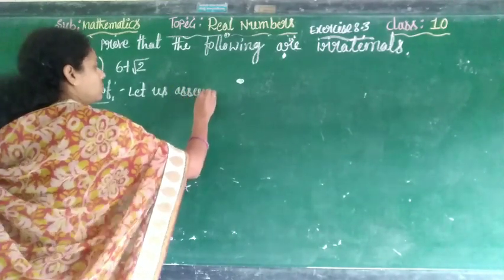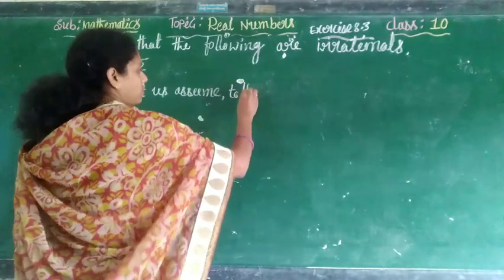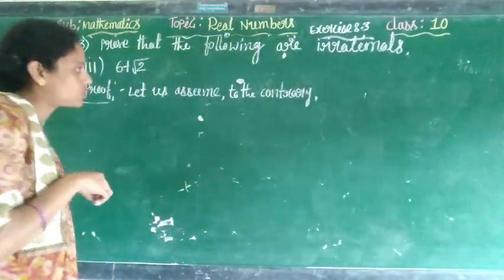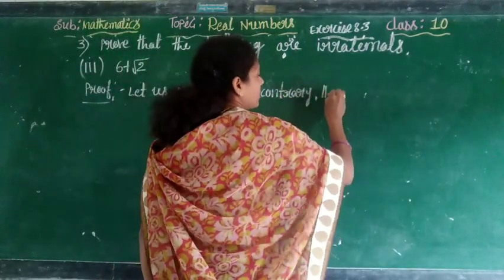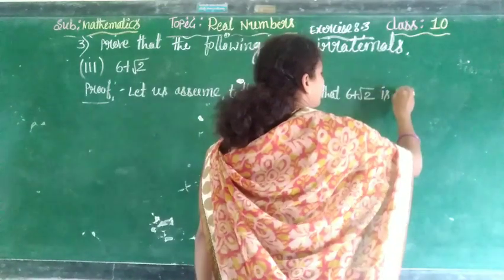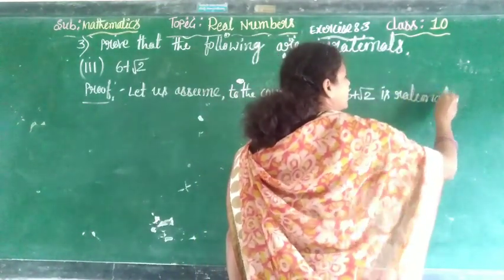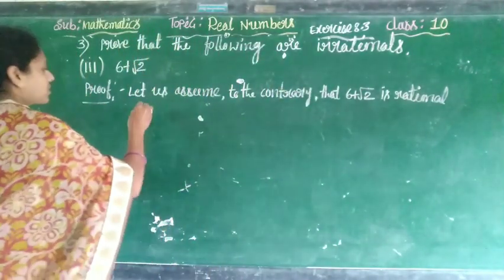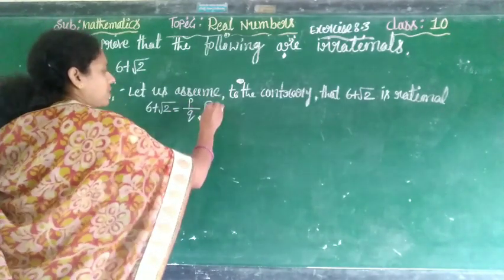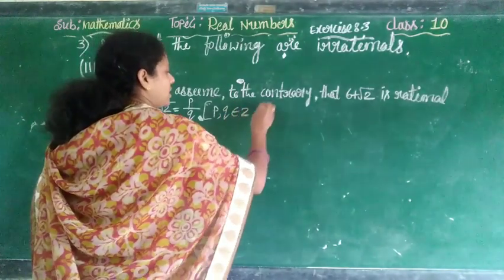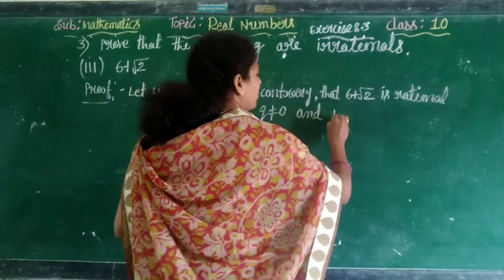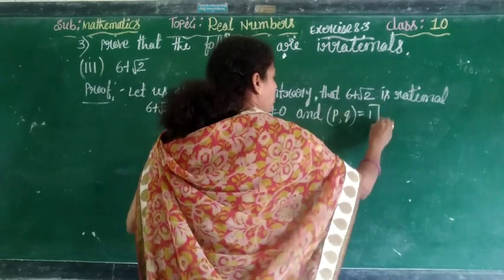So 6 plus root 2 is equal to p by q, where p, q belong to Z, where q is not equal to 0 and gcd(p, q) is equal to 1.